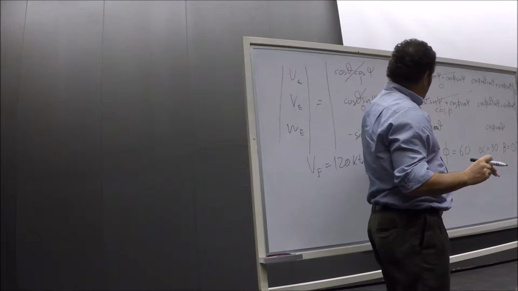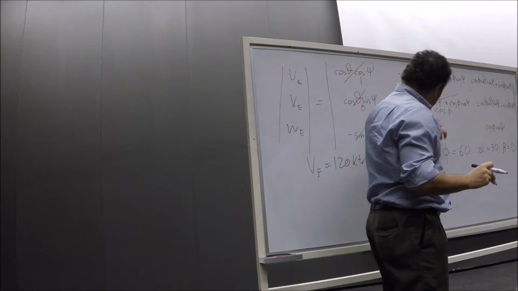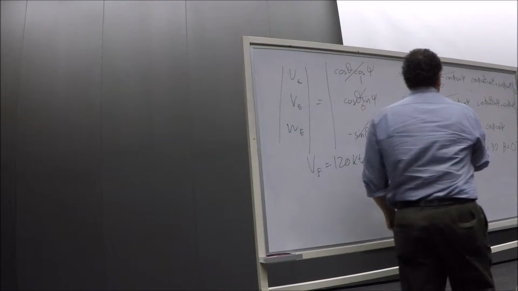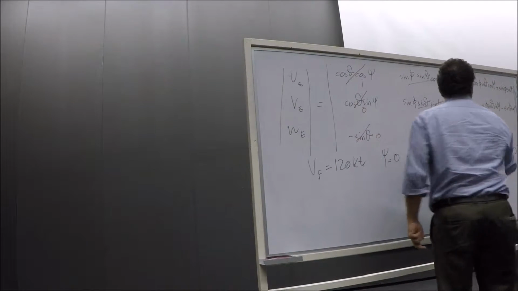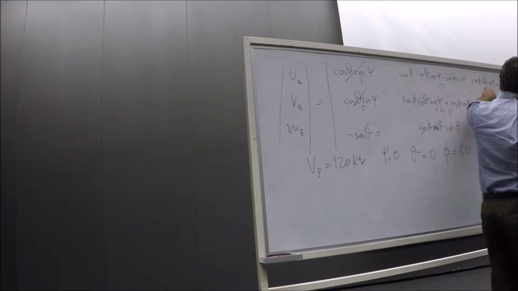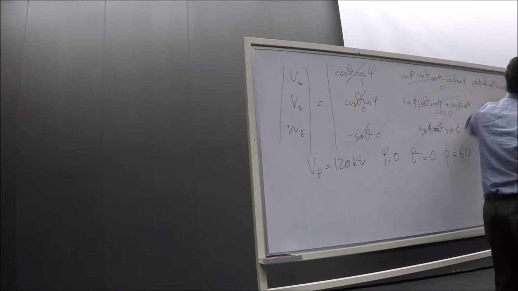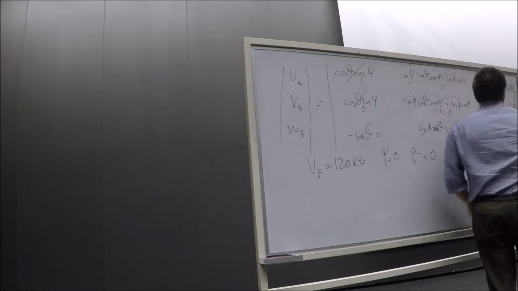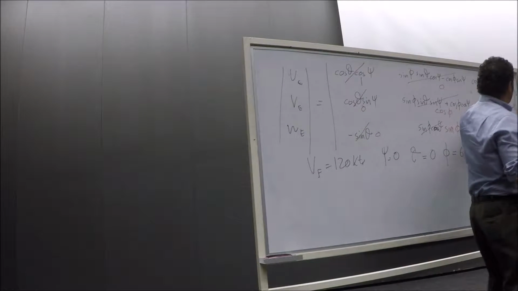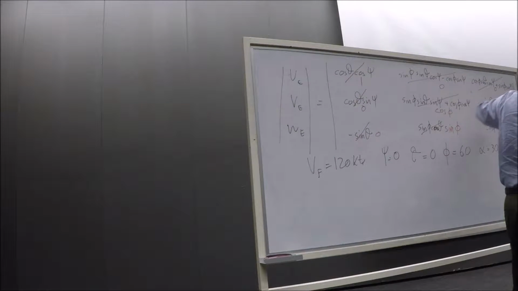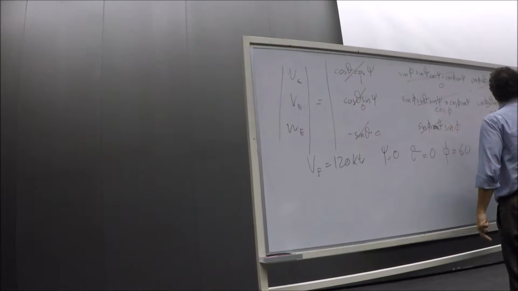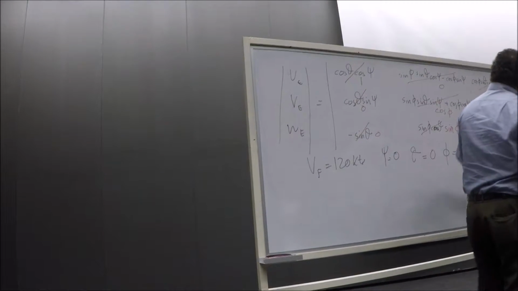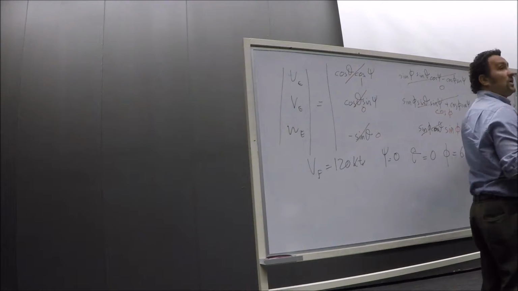This one, sine phi, cos theta, so this will be sine phi. And here we have 0, 0. This will be 0, minus sine phi, and this will be 1 cos phi.